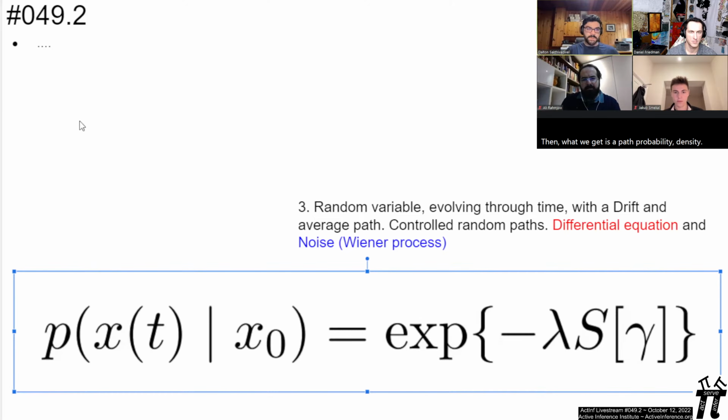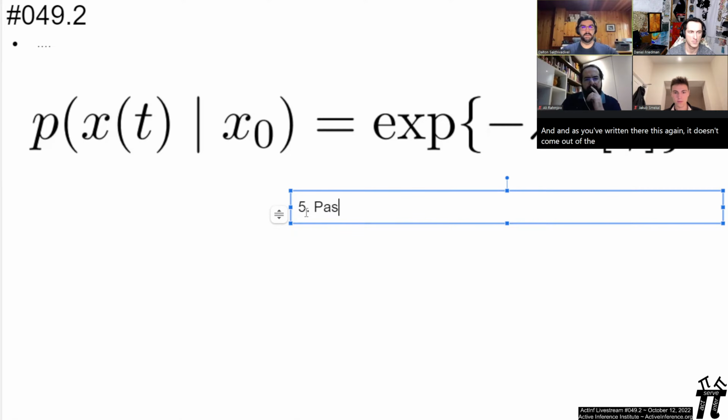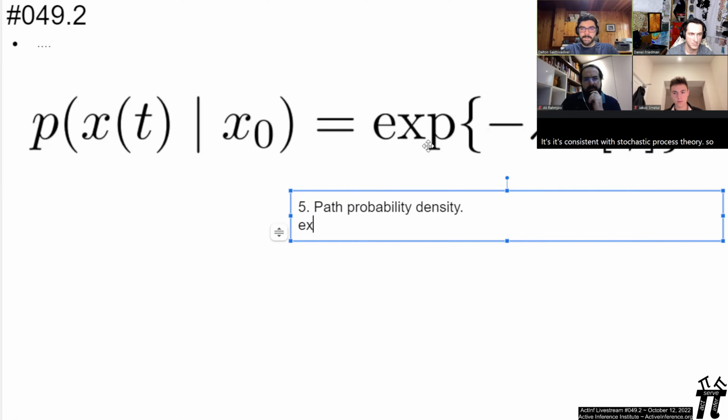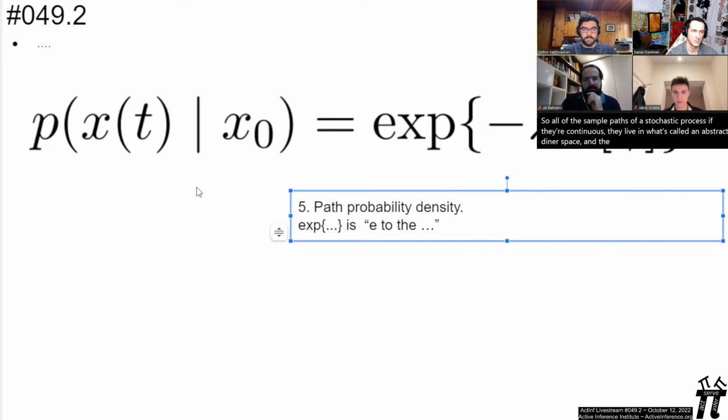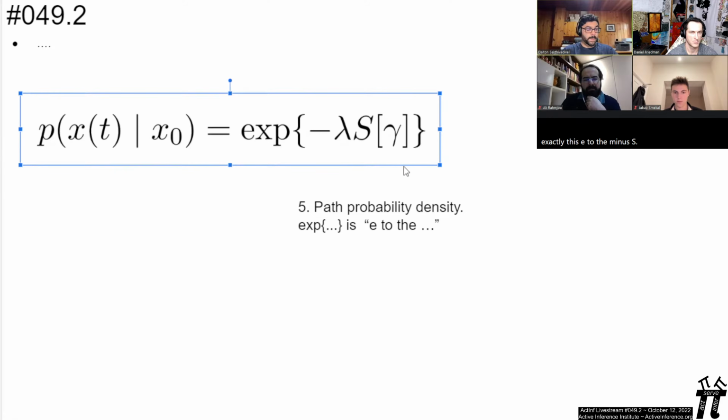And as you've written there, this again doesn't come out of nowhere. It's consistent with stochastic process theory. All of the sample paths of a stochastic process, if they're continuous, live in what's called an abstract Wiener space. And the probability density over an abstract Wiener space is exactly this e to the minus S thing.